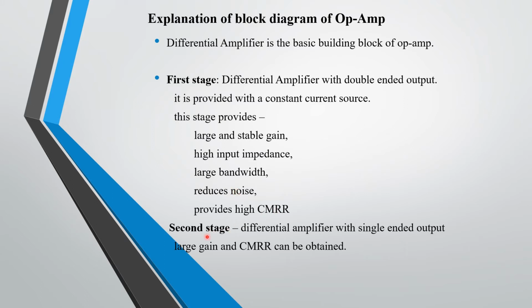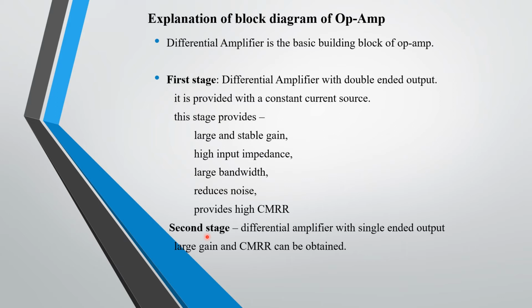Second stage. The second stage is again differential amplifier. Now why are both the stages differential amplifiers? Because one amplifier is not enough to amplify the gain of the circuit. So if it is needed, a second differential amplifier can be used with the help of which we can increase the gain.